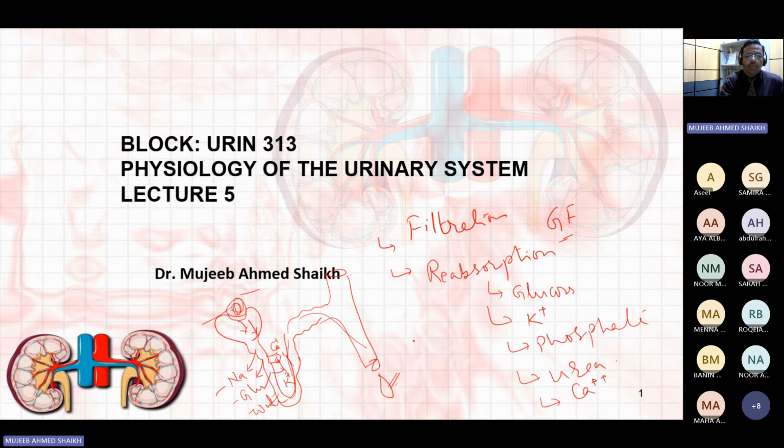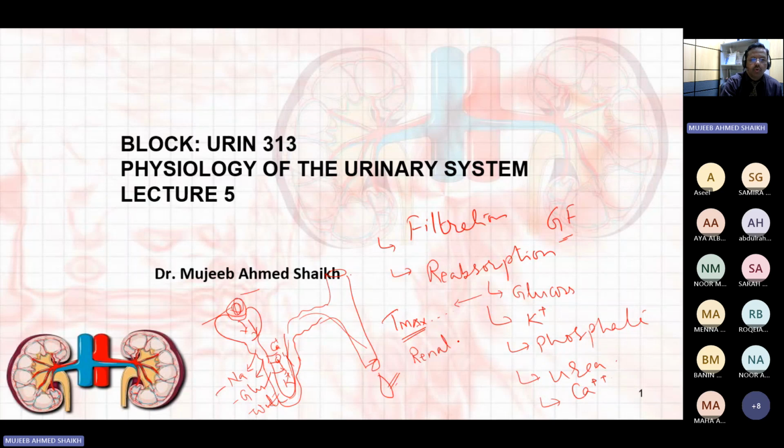While describing the reabsorption, we will discuss two important parameters, or terminologies. The first is tubular maximum, for any substance, maybe glucose, maybe potassium, a term called Tmax. The second term is the renal threshold.